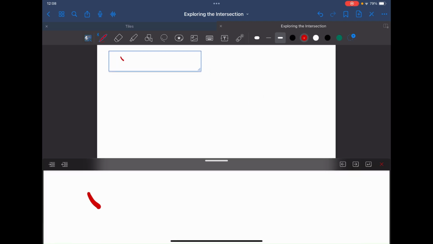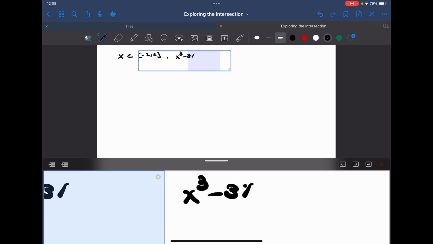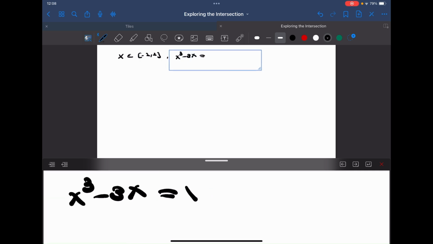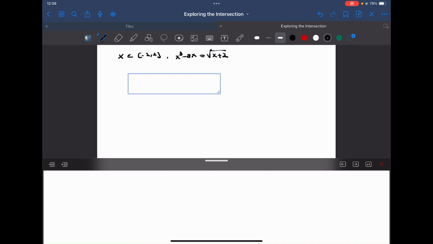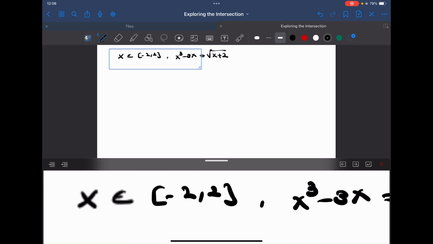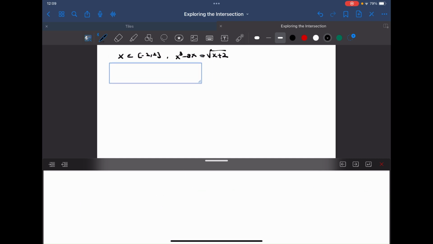Okay, now we are left with this. I know right now that x is between -2 and 2, and I know that the following holds: x to the power 3 minus 3x equals root of x plus 2. Okay, so this fact that x is between -2 and 2 is begging for something that we all know from calculus.